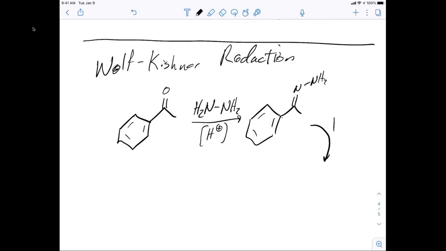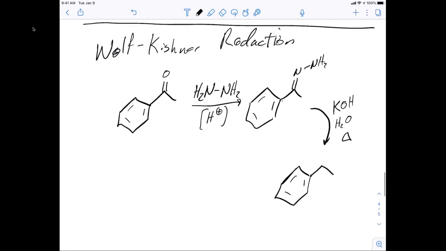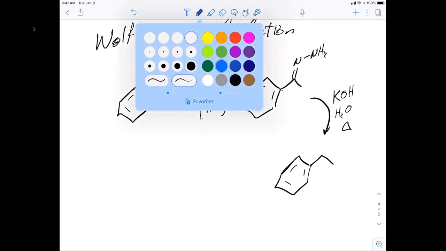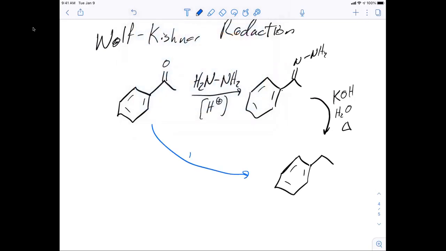And then we're going to react that hydrazone in potassium hydroxide with heat. And we're going to remove the hydrazone and end up with a ketone. The result is a reduction from a carbonyl to an alkane.